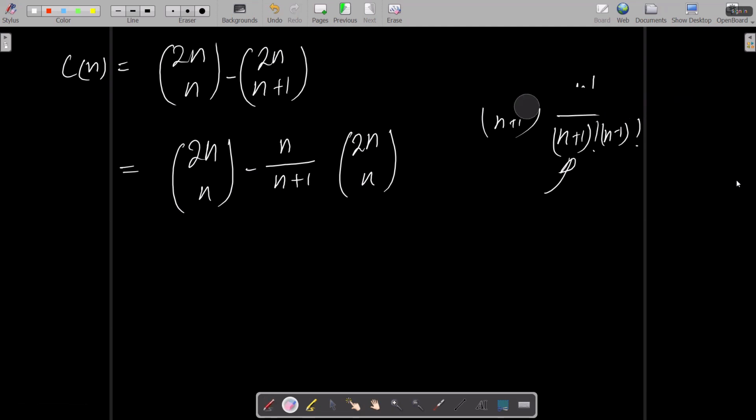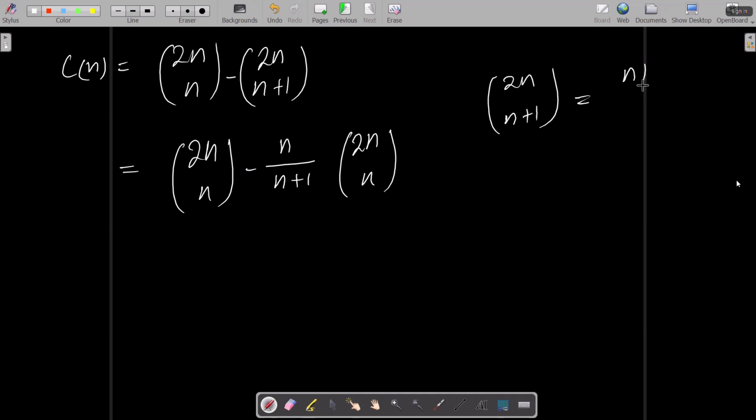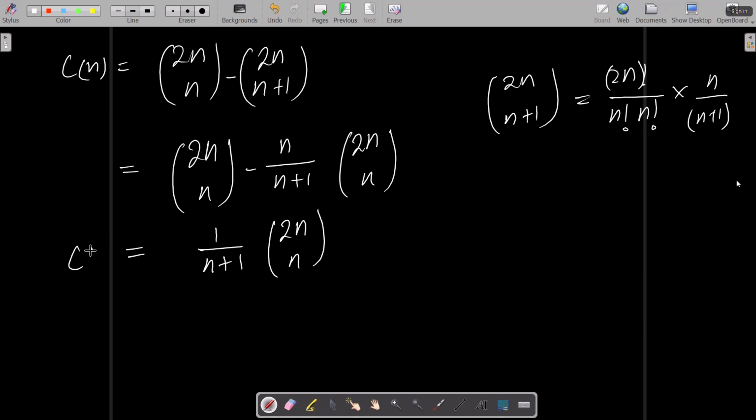We need to actually use 2n choose n and build 2n choose n plus 1 from it. To have n plus 1 factorial downstairs, we should multiply by n plus 1, and to have n minus 1 factorial, we should divide by n. If we simplify this, we will have something like 1 over n plus 1 times 2n choose n. So this is the nth Catalan number.